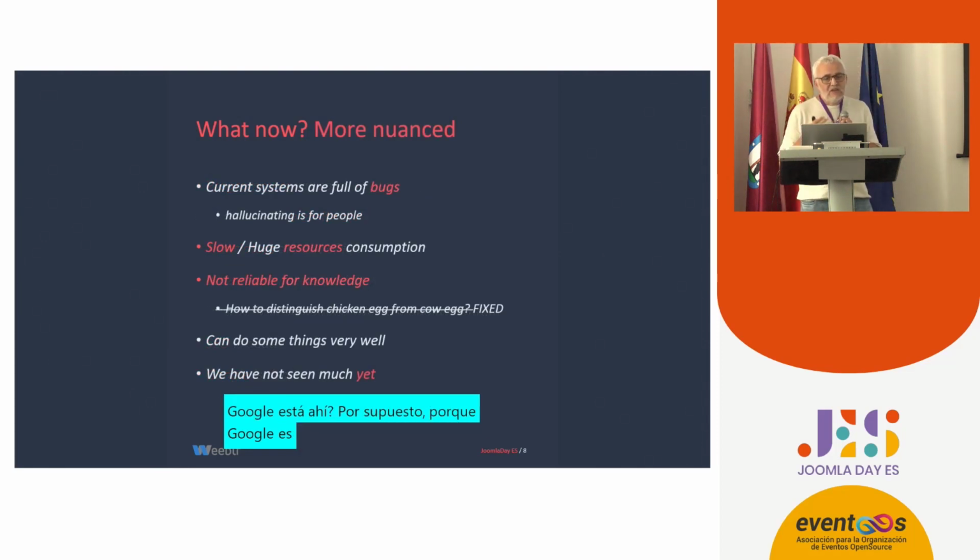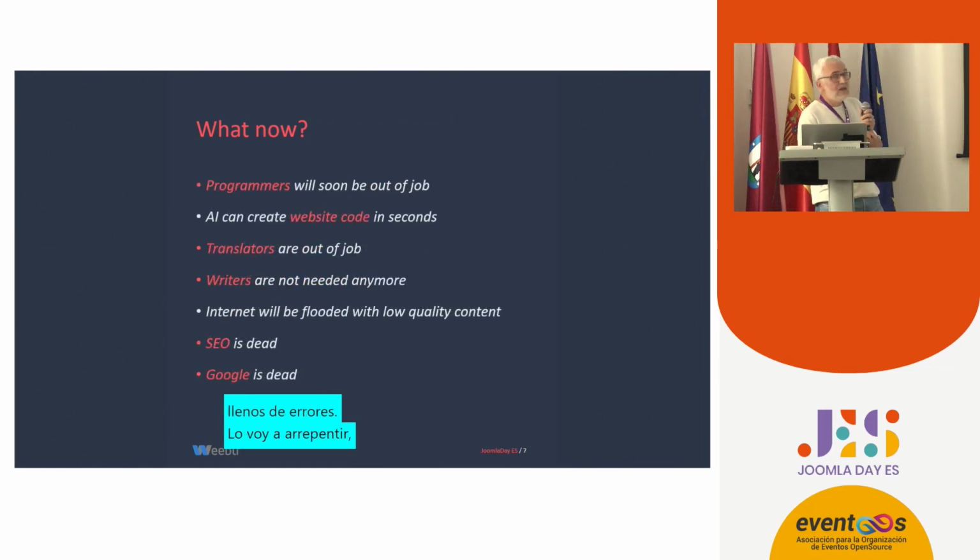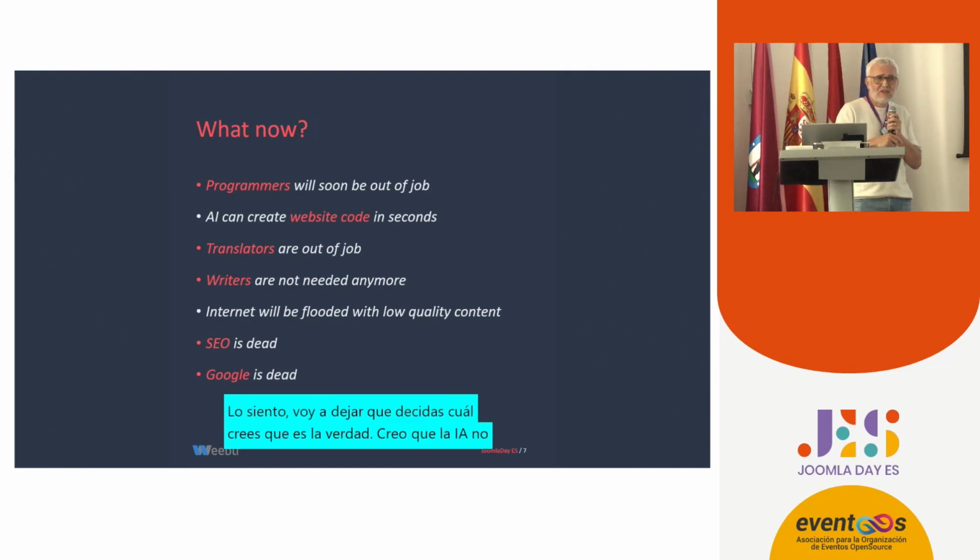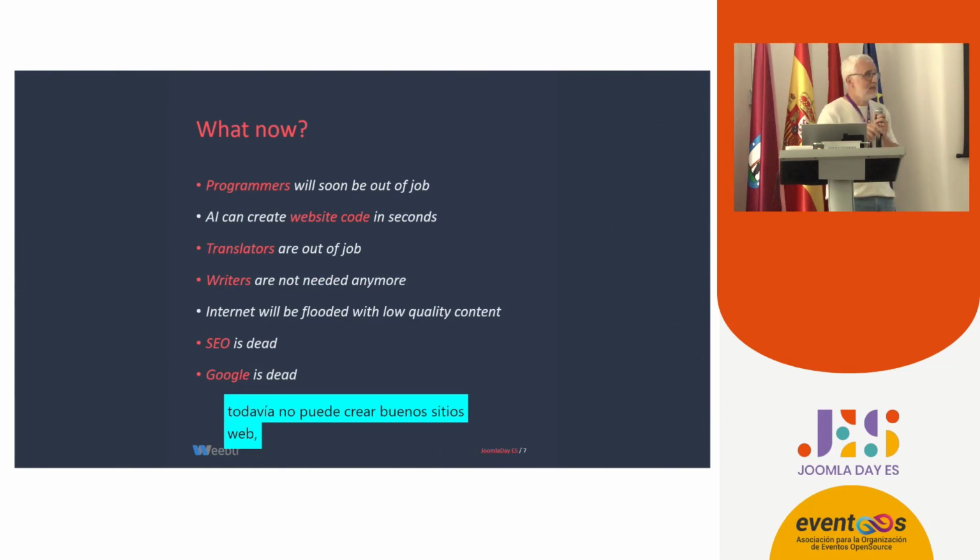The reality is that these systems are full of bugs. I'm going to let you decide which of these you think is true. I think AI cannot really create good websites yet, so you have some time left.